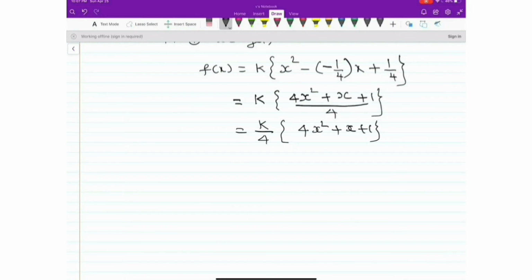As I told you, it's better to write what is k, the last step. So, where k is any non-zero real number. You just write one quadratic polynomial which fits the given conditions is 4x square plus x plus 1. Anyway, this is going to be a real number.